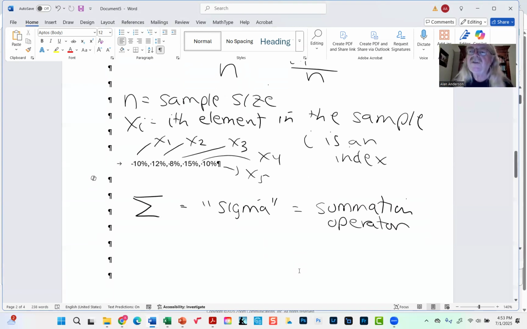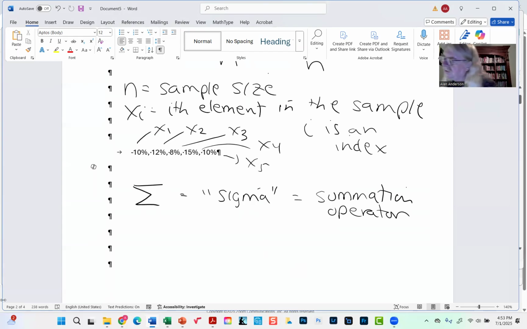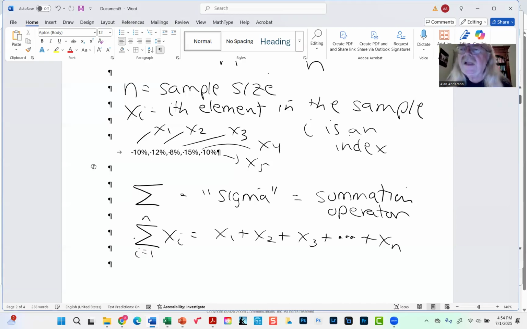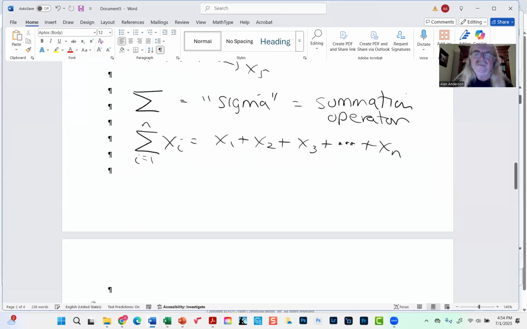So it tells me to add something up. In other words, when you see something like this, it just says take all n elements in your sample and add them up. That's all it means.